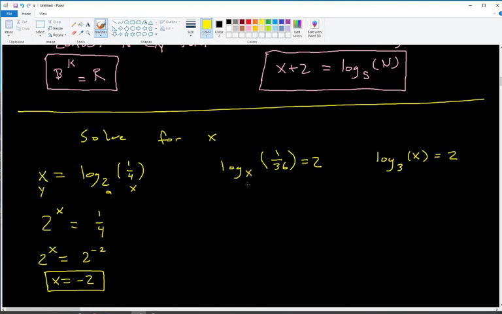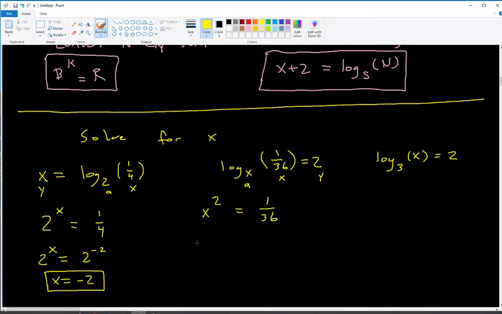On this one, let's use the same idea. A is x, the parentheses stuff, and y is 2. So this converts over to a to the y, which is x to the 2, because x is acting as a, and y is acting as 2. That equals x, which is 1/36.